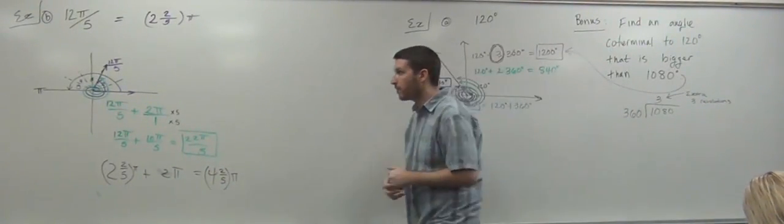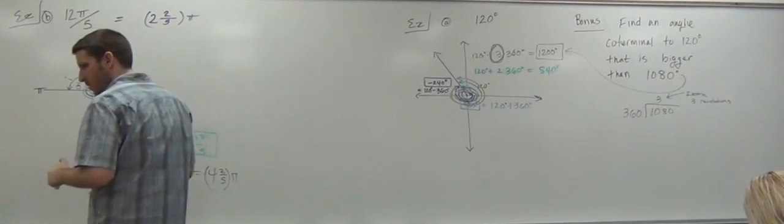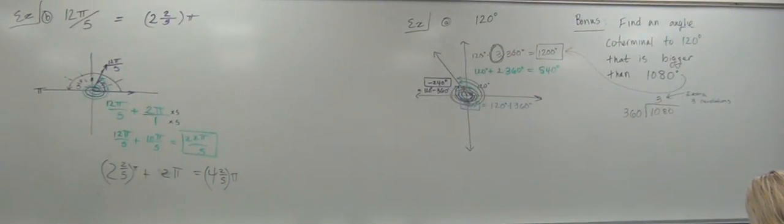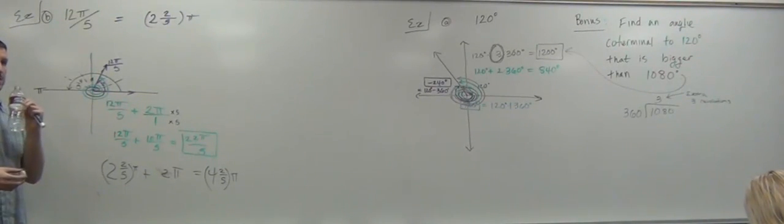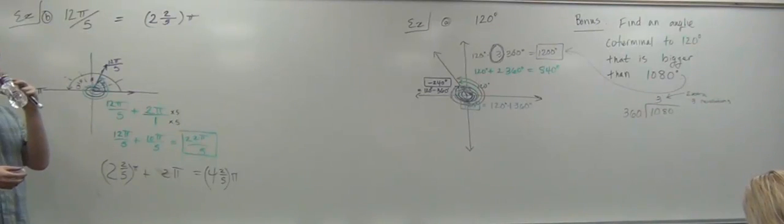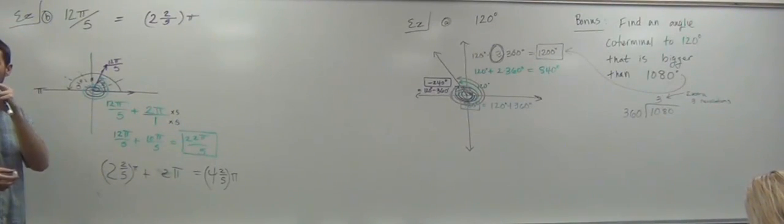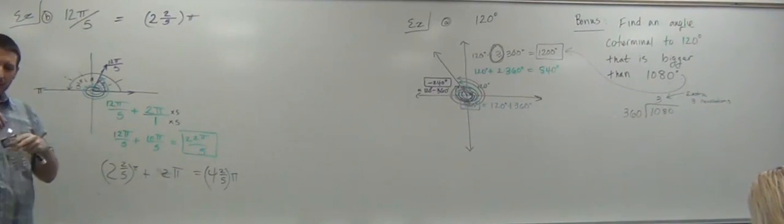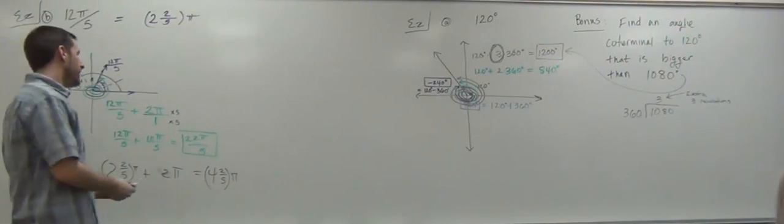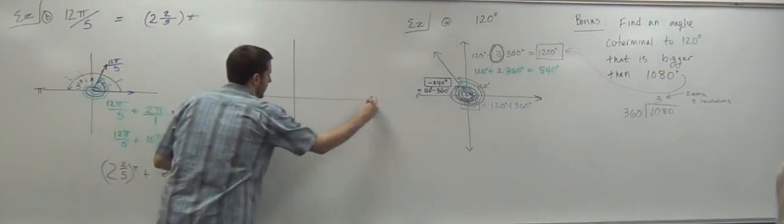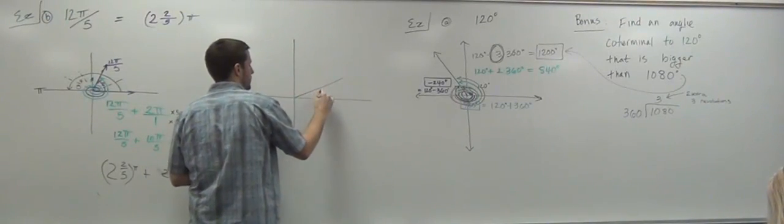So pi over 5, or even 2 pi over 5, is not negative. So that can't be a negative coterminal. 2 pi over 5 would be a coterminal angle, but it wouldn't be a negative coterminal angle. So if I ask specifically for a negative coterminal angle, let me redraw this.